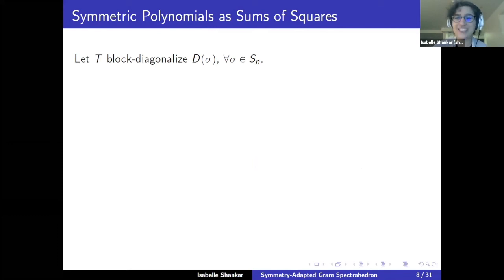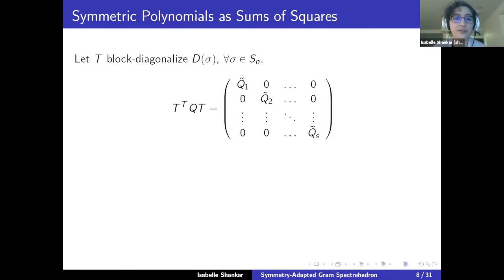But just know that the matrix representation, D sigma, can be block diagonalized. It always can. And you can calculate the change of basis matrix T such that it block diagonalizes these representation matrices, and such that T is orthogonal, which is going to be pretty important in a second.